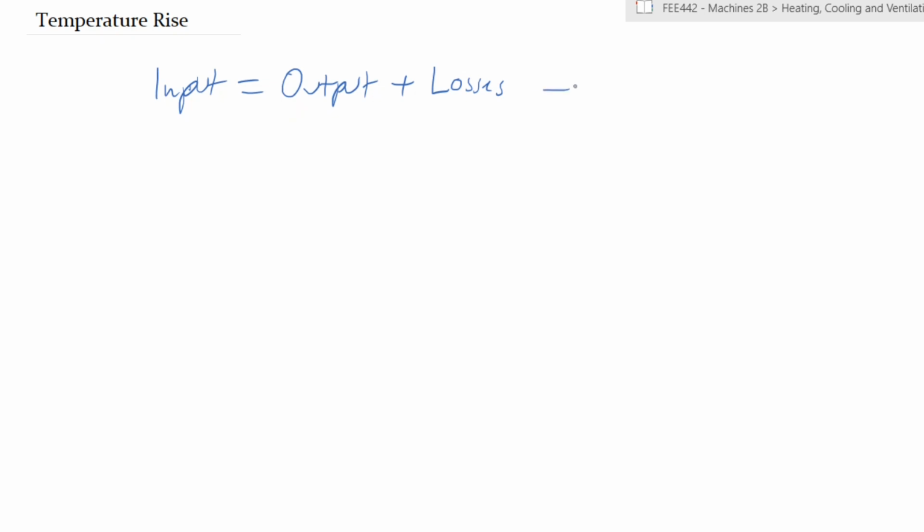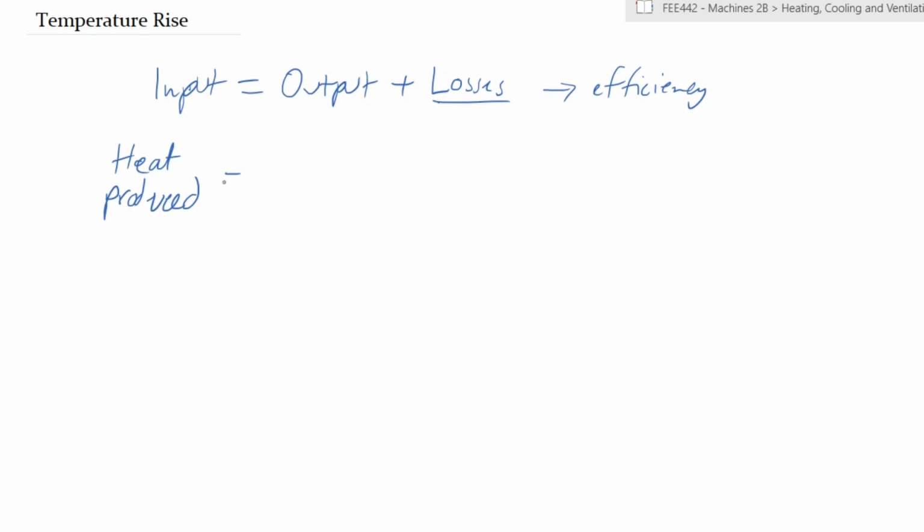This gives you your efficiency. So the ratio of output to input is your efficiency, and the difference between the two is the losses. Now, these losses in most cases take the form of heat losses. So as the machine operates, it will produce some heat, which then has to be dissipated to the environment.